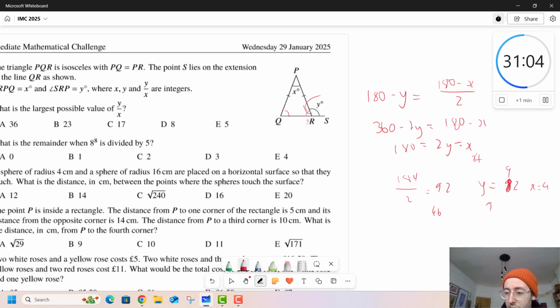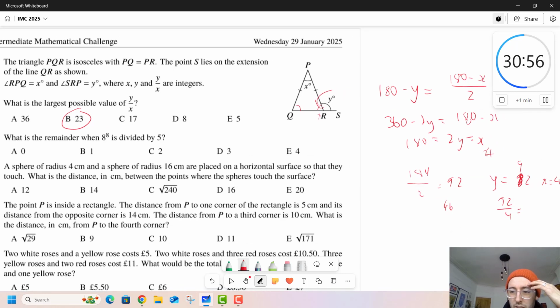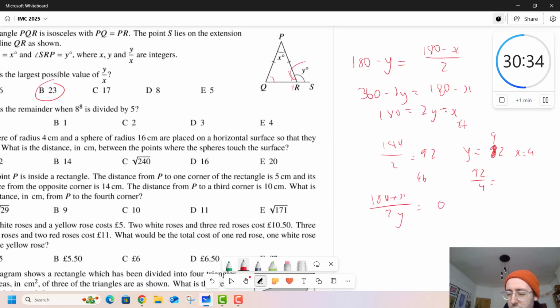And then we've got 92 over 4, which is 23. Can I get, hold on a minute. No, y over x is an integer, so y doesn't need to be an integer. No, it does, because x is an integer.